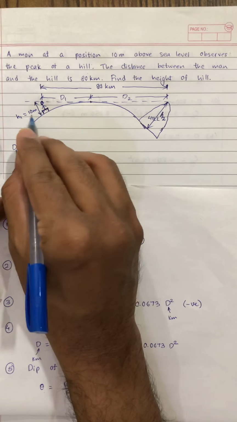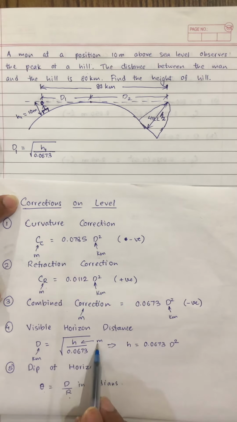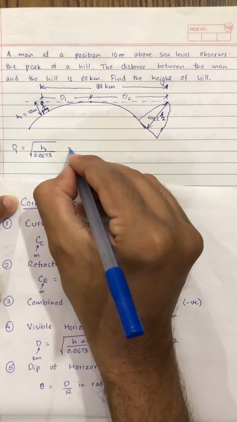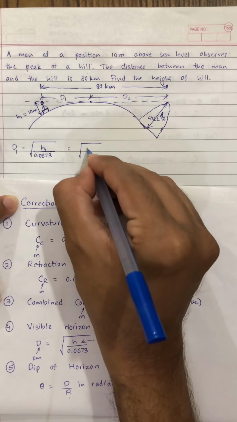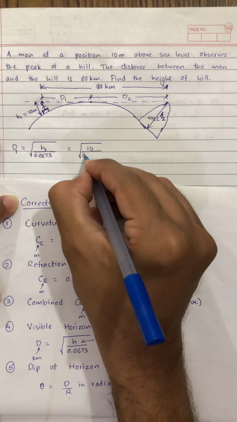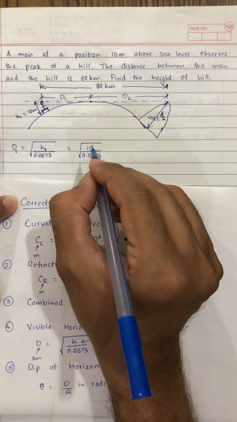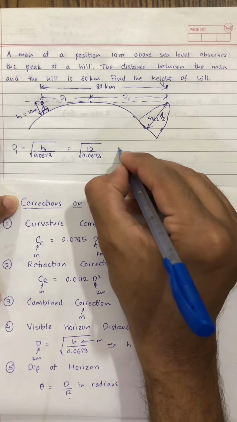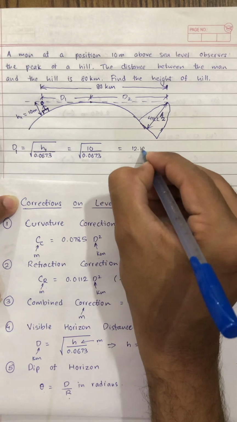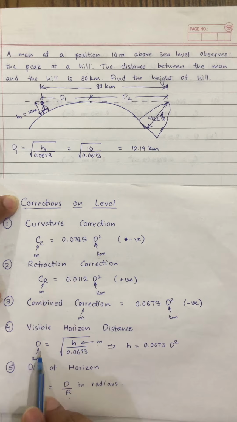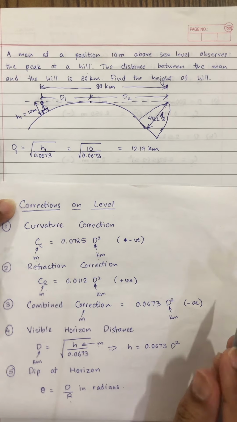Now h1 value is given as 10 meters. If h is in meters, d will be in kilometers. So we have to substitute the value of h1 in meter itself, that is under root of 10 upon 0.0673. So this value of d1 comes out to 12.19 kilometer. As h is in meter, this d will be in kilometer.